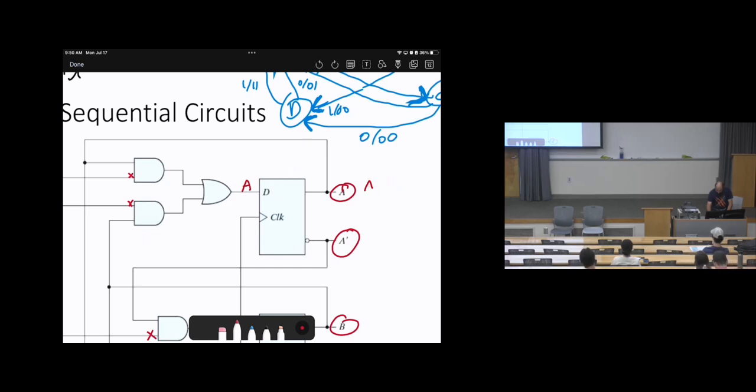Sometimes we can use this as A of T, or sometimes we can denote it by A, this one A bar of T, or A bar. This one sometimes we can say A of T plus 1, or sometimes A star. So for the notation, if I use of T, then I use A of T plus 1.